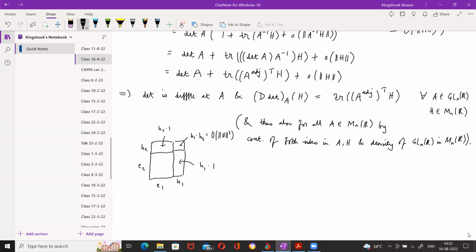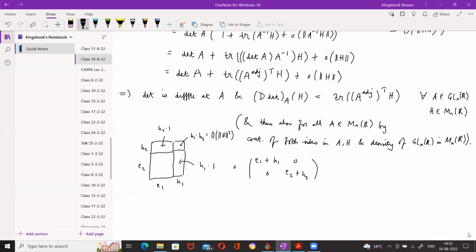Okay. So here what I'm doing is calculating the change in determinant when I restrict myself to diagonal matrices, right? So in this case, it's just a 2 by 2 matrix, e_1 plus h_1 and e_2 plus h_2.